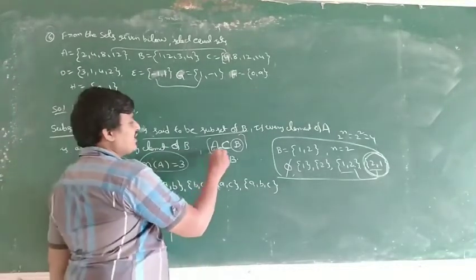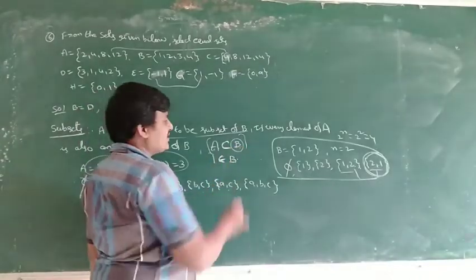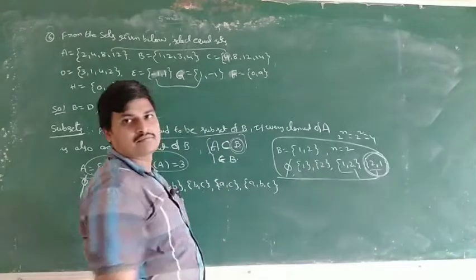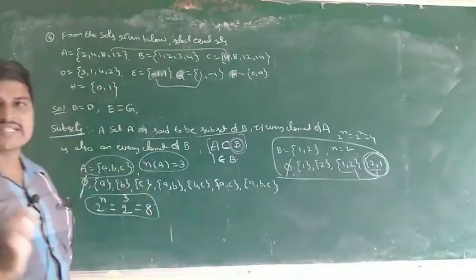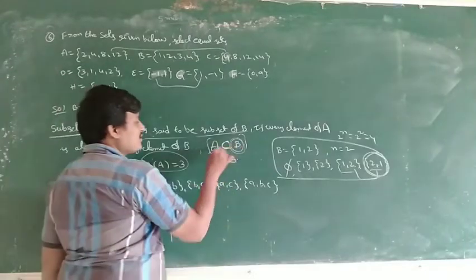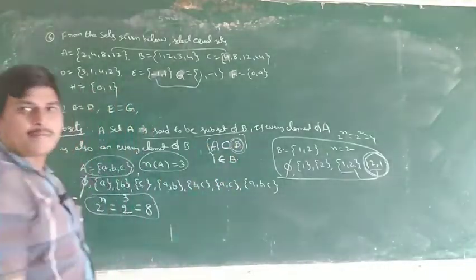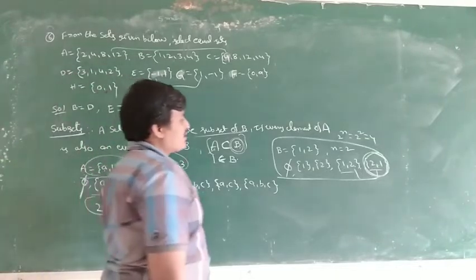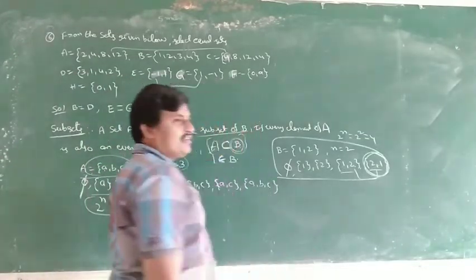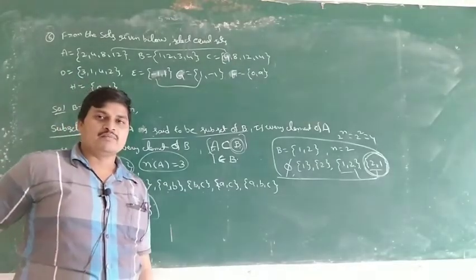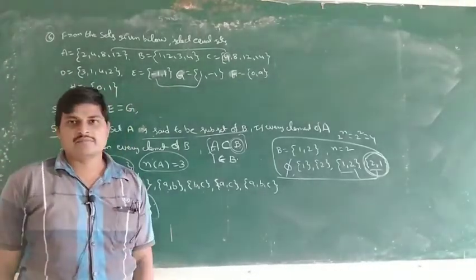What is the subset symbol? This is the symbol, A subset of B. B is the set, A is the subset. B is the bigger set, A is the subset. This is the bigger, this is the smaller. Every set is a subset of itself.